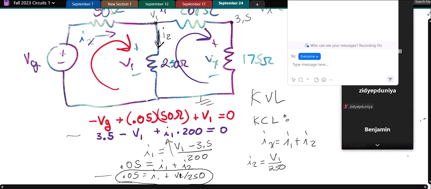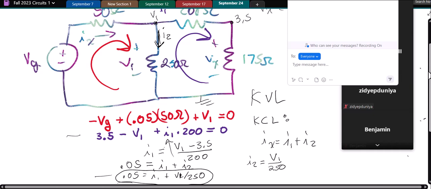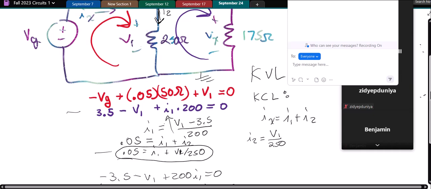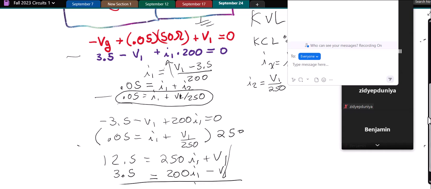Let's see. On this loop, I had 3.5 minus V1 plus I1 times 200. What did we get for I1 last time? We got 0.02? Okay. Yeah, and that is right. The 0.02 is right.